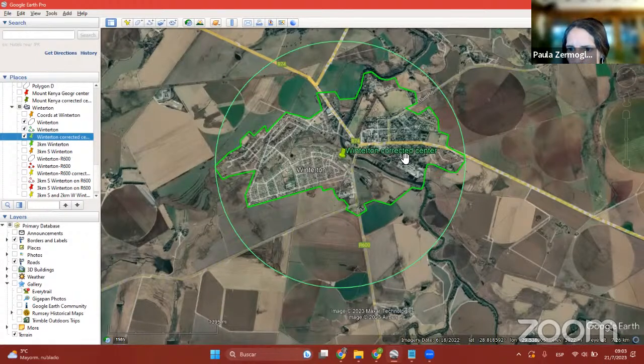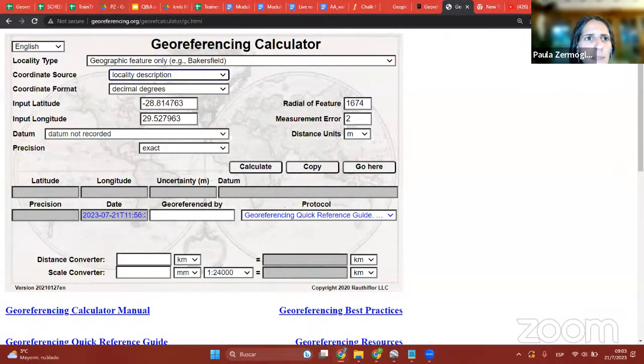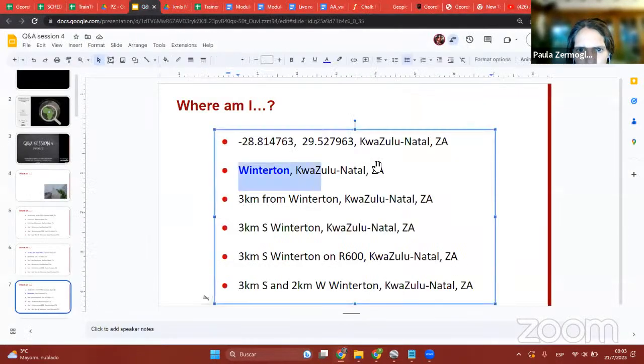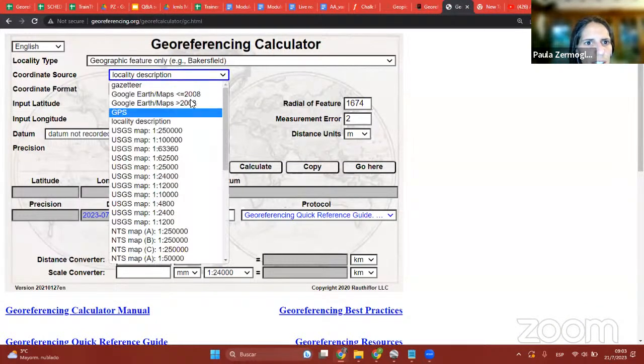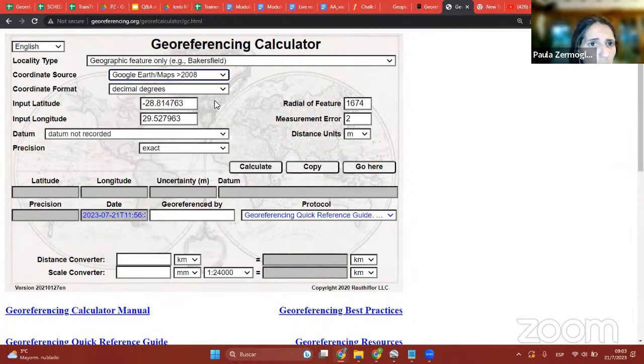As Benford was also saying in the chat, it is Google Earth. My source of coordinates is Google Earth. It's not the locality description. Someone was saying in the chat it is the locality description, but we don't have that in the description. The coordinates are not there. I'm getting those from Google Earth. And so here, the coordinate source is Google Earth after 2008, because my version is newer than that.